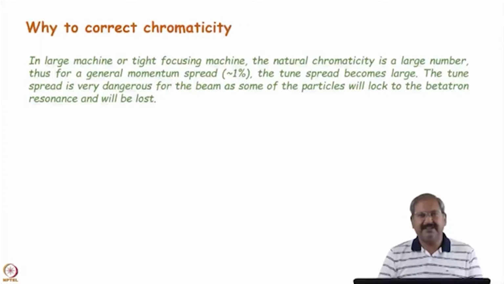These resonances depend on the frequency of the betatron oscillation, and that frequency is related to tune. That's why tune is an important number. Tune defines whether the resonance can occur or not. So this is the very first reason we have to be careful when we talk about chromaticity.